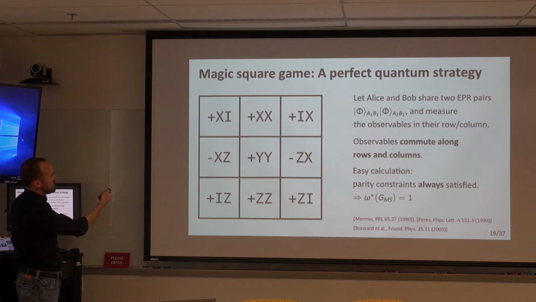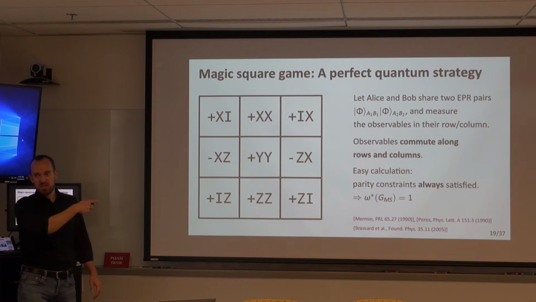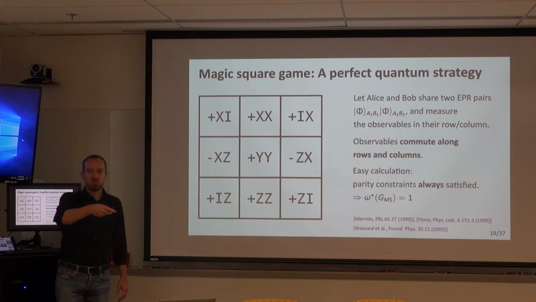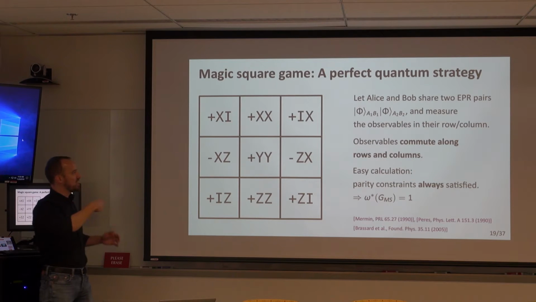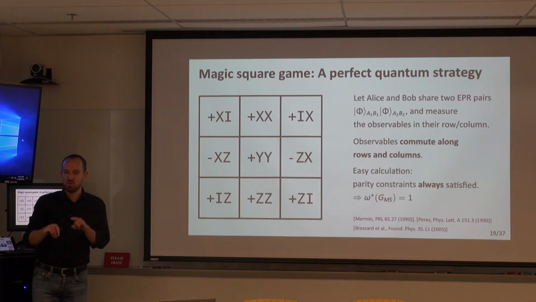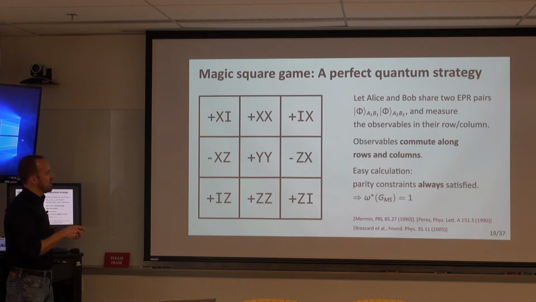And then you fill the magic square with these observables, which are just the Pauli matrices X, Y, Z, and I is the identity. Okay? And then to come up with a filling for the magic square, they just measure these observables on their respective share of the 2 EPR pairs. Okay?